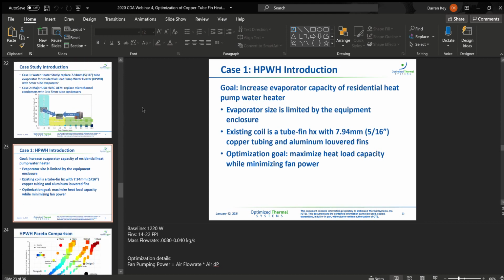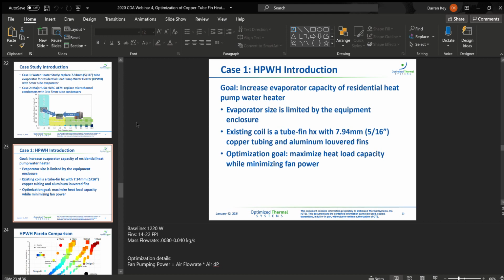So case 1, the heat pump water heater. The goal here was to increase evaporator capacity of a residential heat pump water heater. The evaporator size will be limited by the equipment enclosure, so they don't want to change the equipment enclosure at all. They want this to be as close to a drop-in replacement as possible.